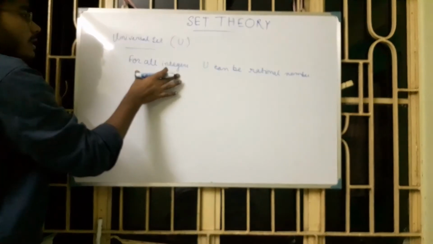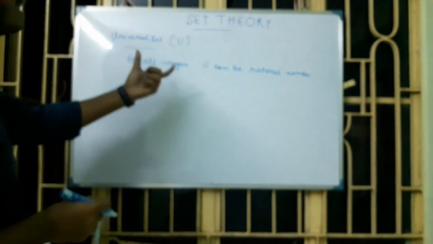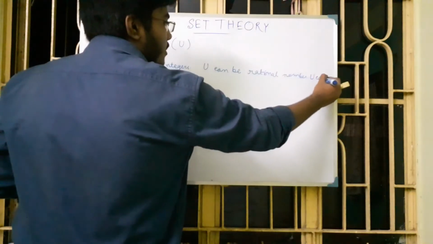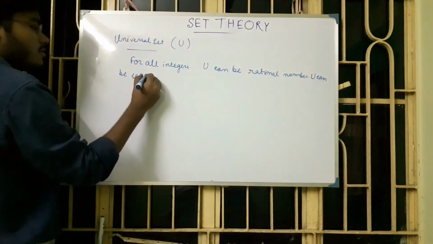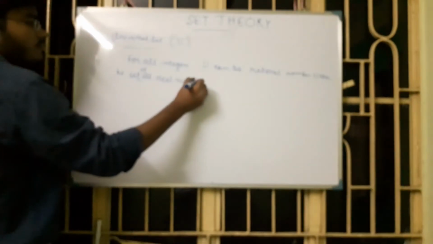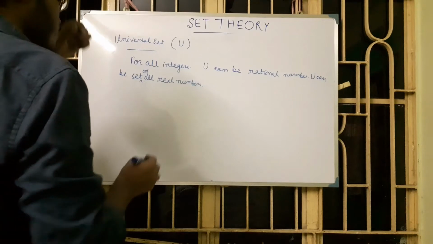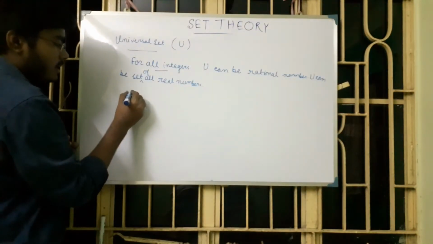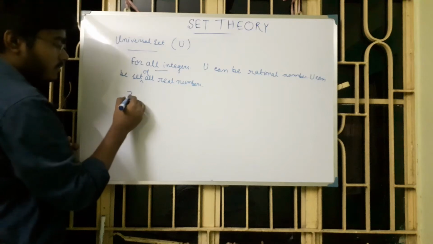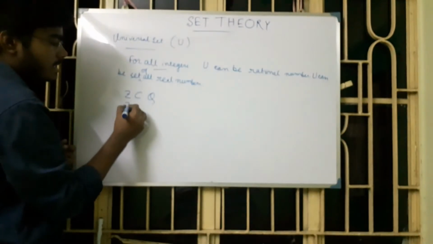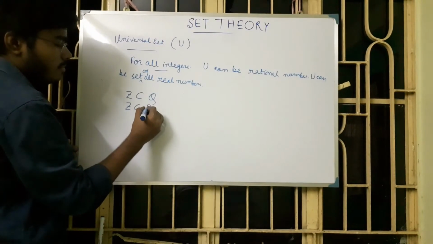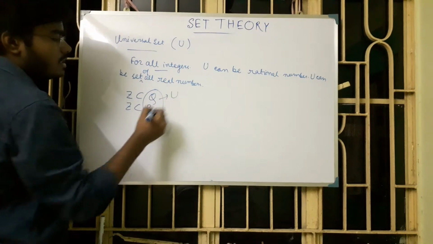All integers are a subset of U. All sets are subsets of the universal set. Or U can be all real numbers, the set of all real numbers. So for the integers, let's say Z is a subset of all rational numbers, and Z is a subset of all real numbers. So in this case, these are the universal sets.